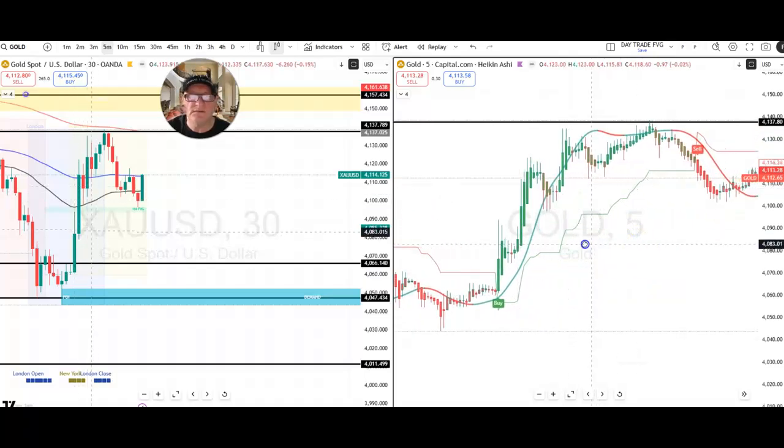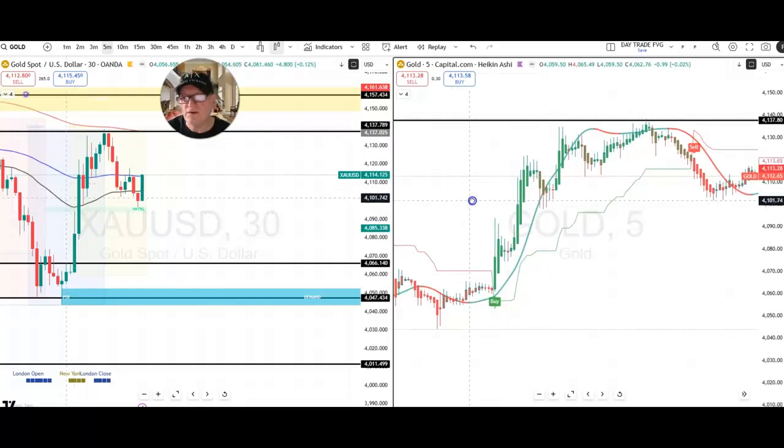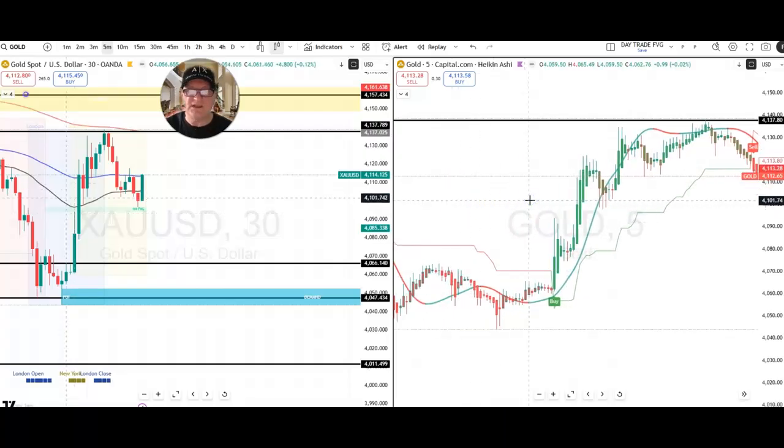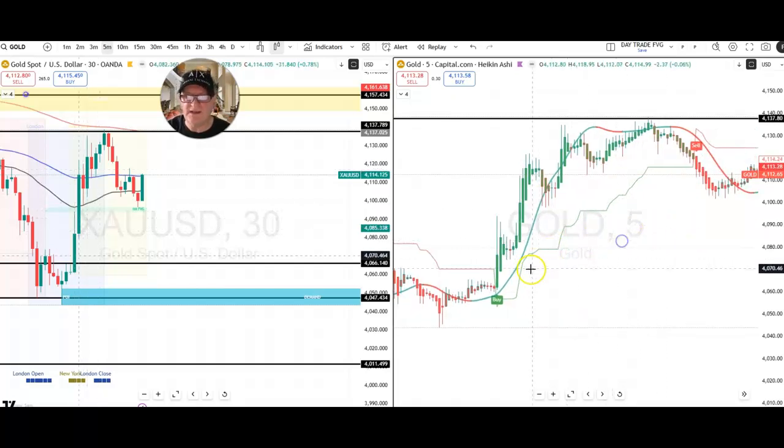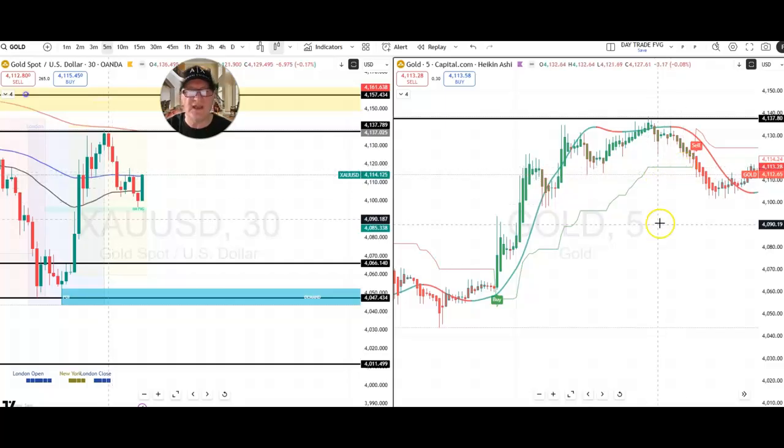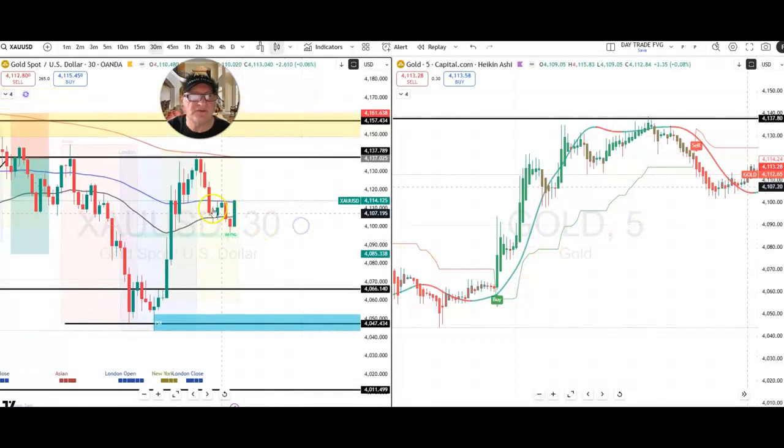Again, you can do it as set and go, which means you just have a 2-to-1 and then you forget it, let it go, or you can trail it and see how much profit you can actually squeeze out of the market, which sometimes we want to do. These moving averages on the left can often be targets, the 50 moving average or the 100 or the 200.